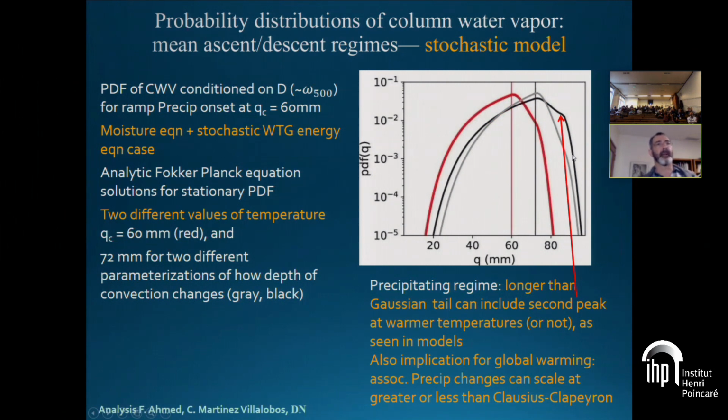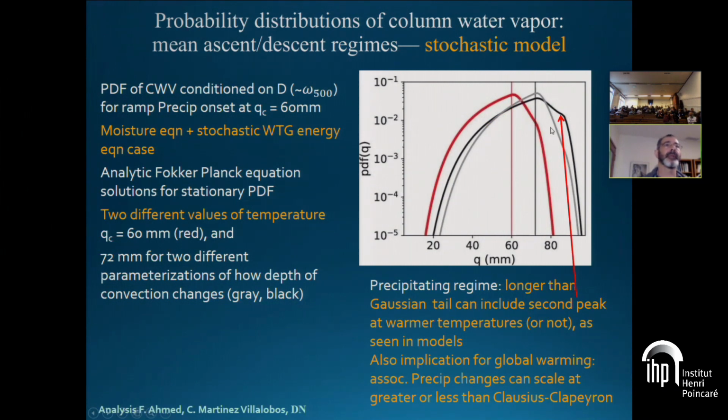So this is an analog for what's happening as a function of temperature in the models in current climate, and also for what is being represented in the models in a future climate. And it focuses you on the particular physics that's relevant to these changes in the probability distribution, the PDF, in the high temperature, high water vapor regime.